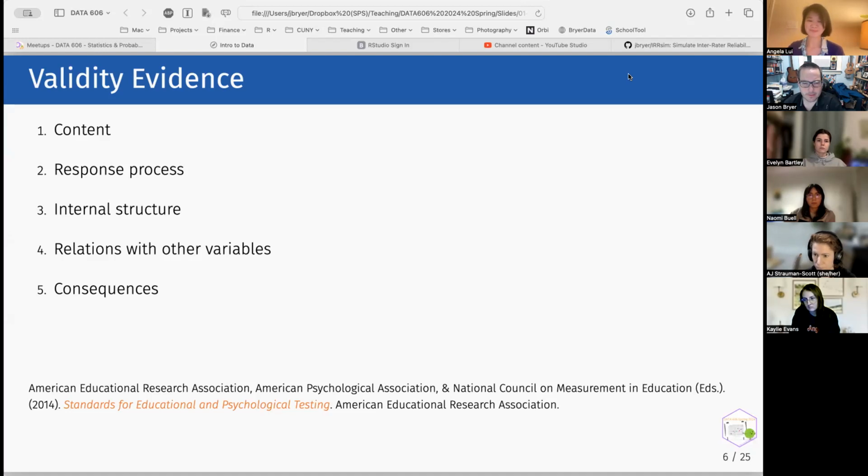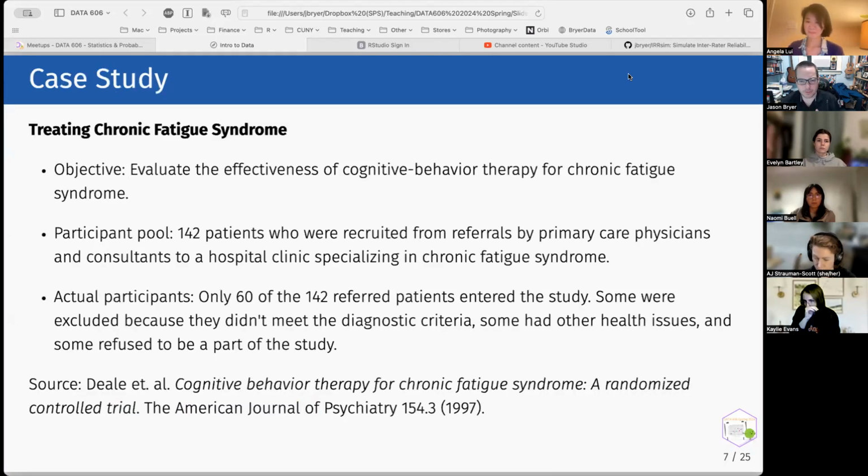That was great. So let's go through a case study here. We want to develop a study that treats chronic fatigue syndrome, just by way of example. We can use cognitive behavior therapy as one approach to potentially helping chronic fatigue syndrome, right?